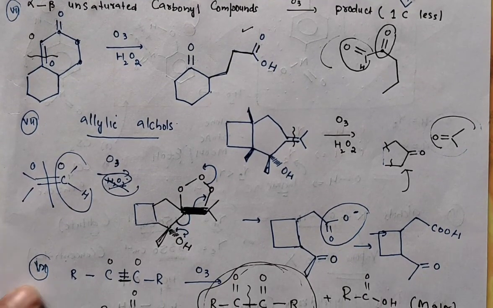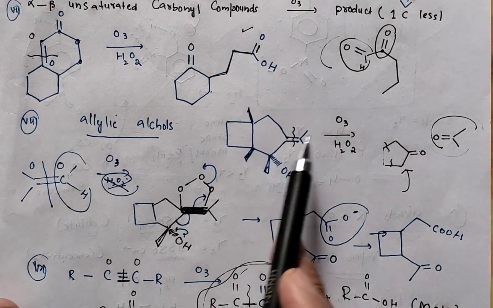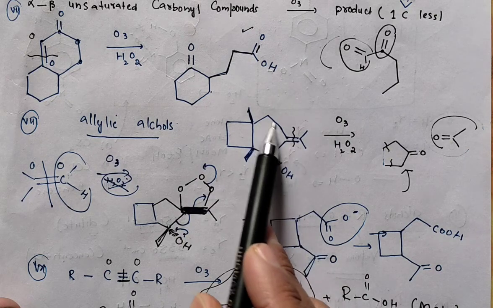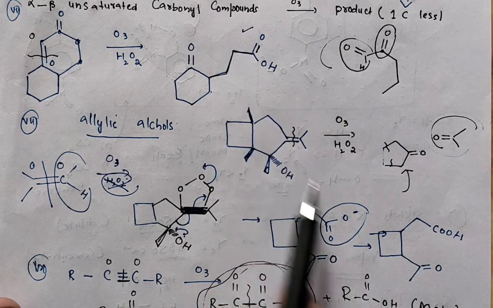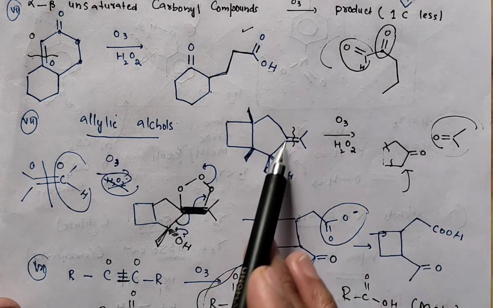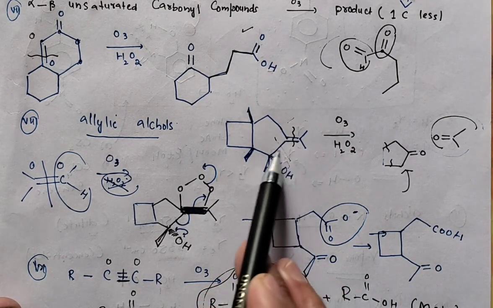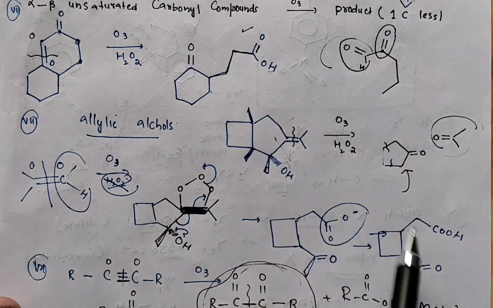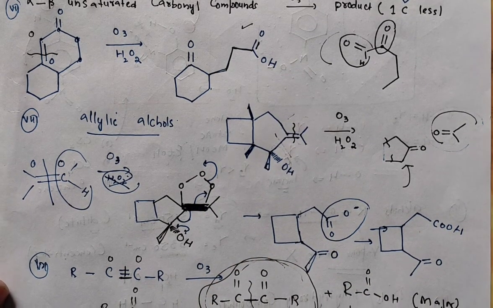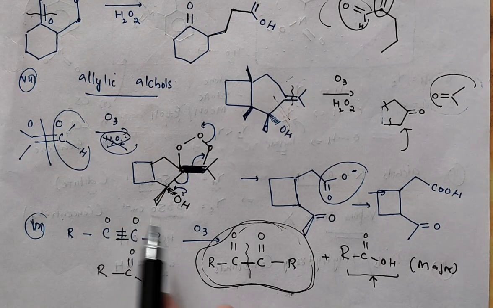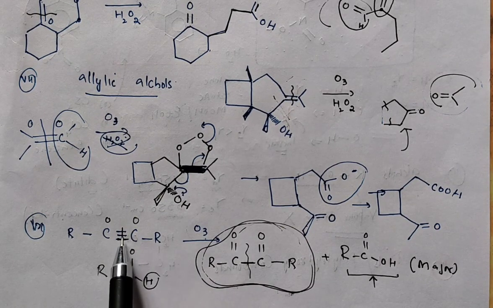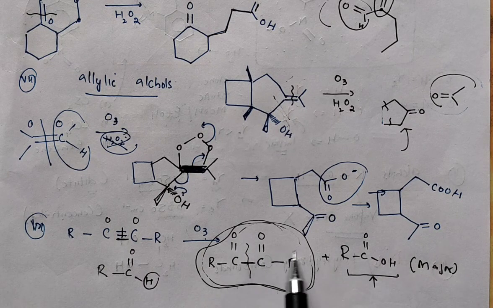It's very unexpected that this breakage will lead to one molecule of this, but normally we expect it should have a carbonyl here, and that's not the case. It further gets broken down, then you will get an aldehyde from this portion and this will get oxidized to carboxylic acid. So this is unexpected. And in case of alkynes, the ozonolysis leads to the formation of 1,2-dicarbonyl compound and also the major product as carboxylic acid. Just break it down and get to carboxylic acids.